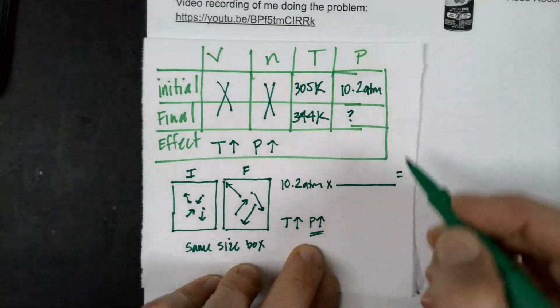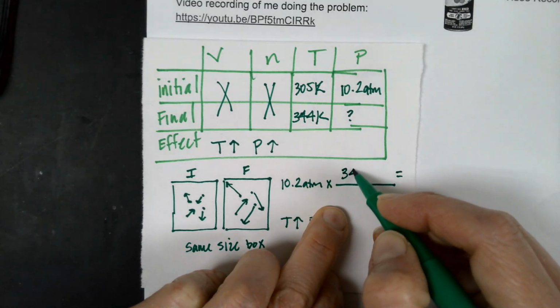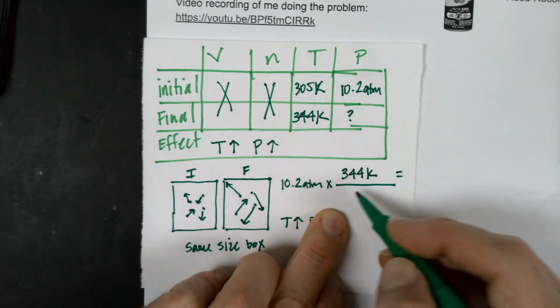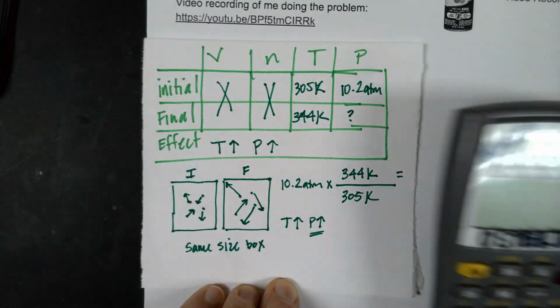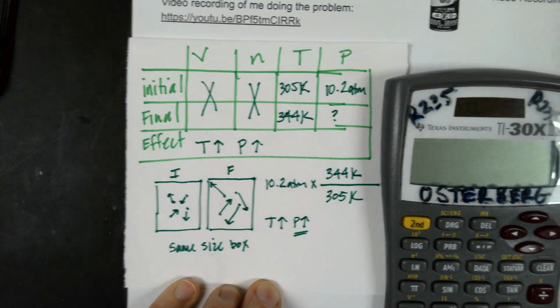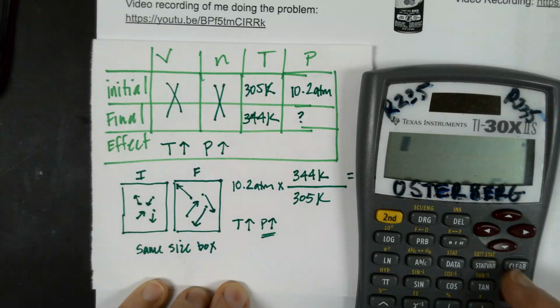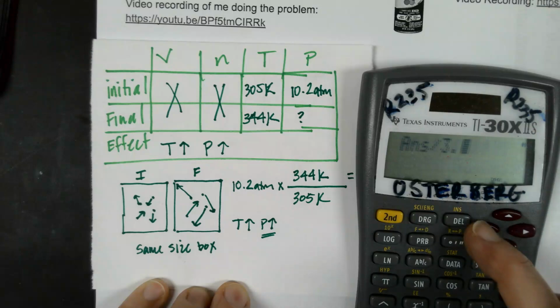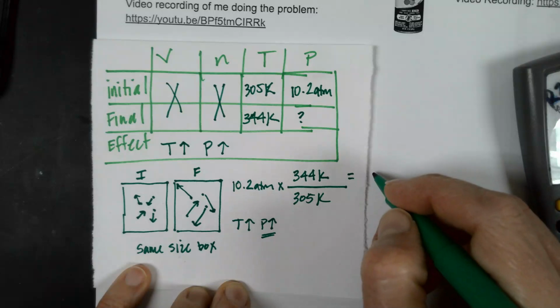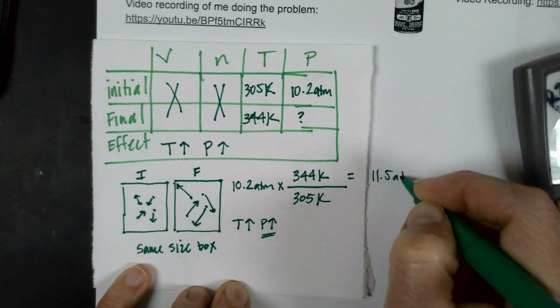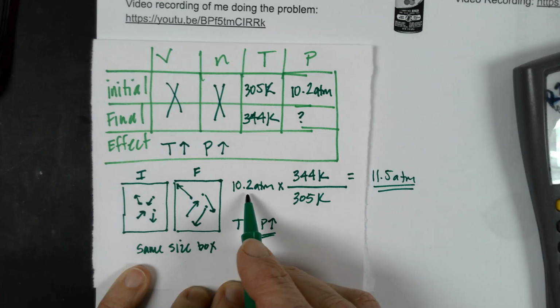So we are going to put the bigger number on top, 344K over 305K. And that allows us, if we do 10.2 times 344 and then divide by 305, we get 11.5 atm, which is bigger than 10.2.